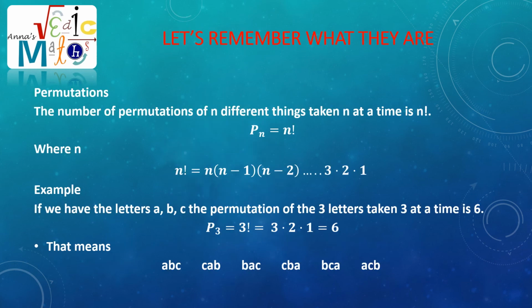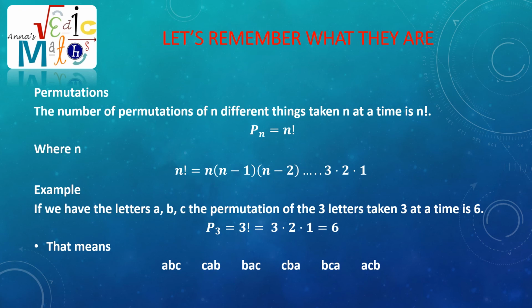Let's remember what they are. Permutations. The number of permutations of n different things taken n at a time is n factorial. N factorial is equal to n multiplied by n minus 1, n minus 2, until multiplying 3, 2, and 1.